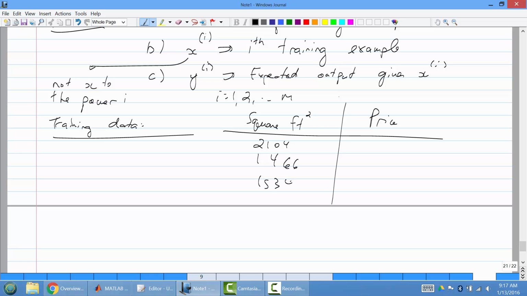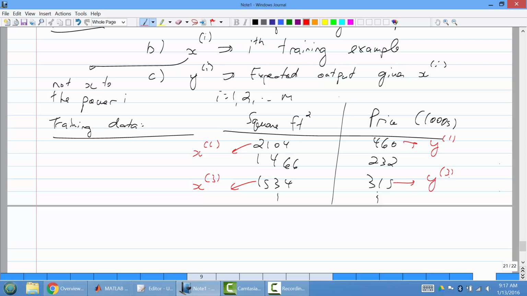These are just random numbers that I picked. So this is 460. This is in thousands, of course. Buying a house for $460 would be great, but that's unfortunately not the market right now. Each of these is one training example. So this would be x(1) and this is x(3). This is the first training example, the third training example, and then the expected output. So this would be y(1) and y(3).